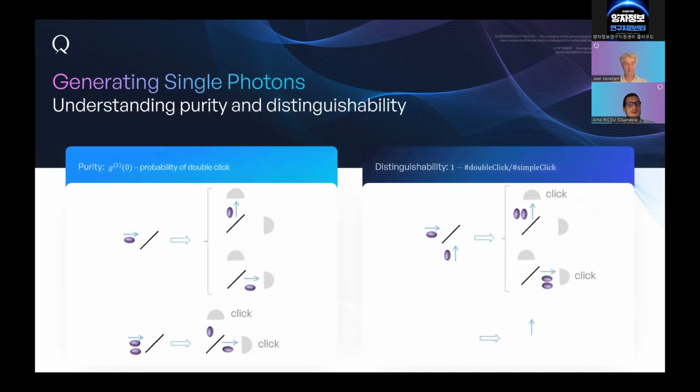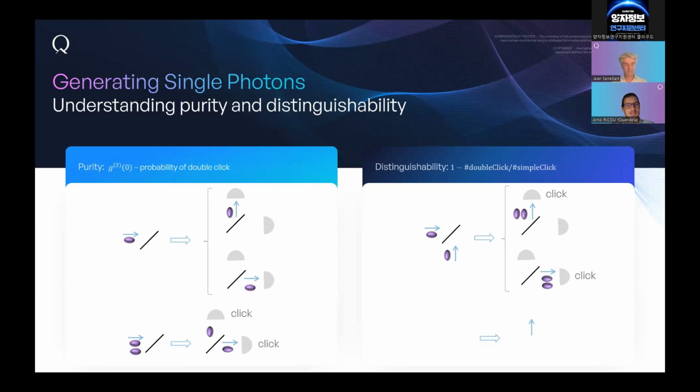And then some more properties of single photons that I believe you already discussed with Shane yesterday, especially the Hong-Ou-Mandel effect. So the second one is purity. So as I mentioned, when you want a single photon, you just want, as the name implies, one photon, you don't want 2.